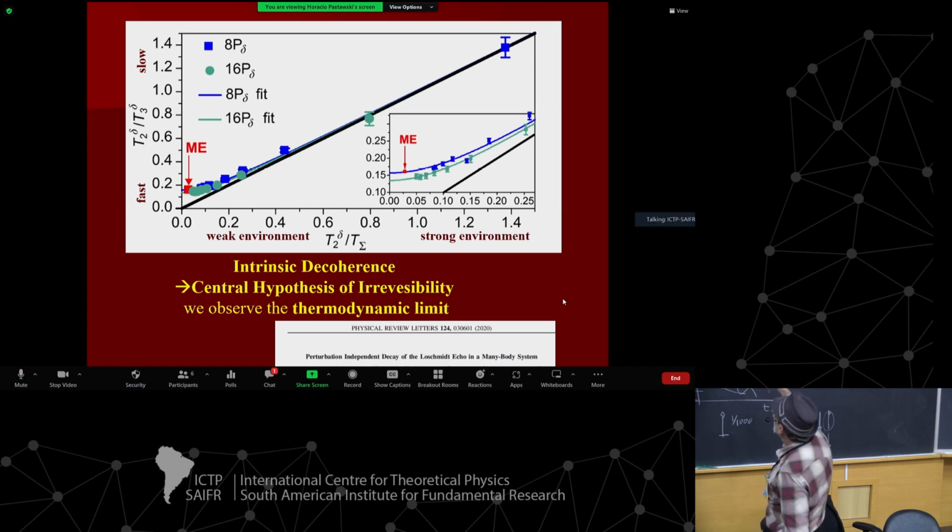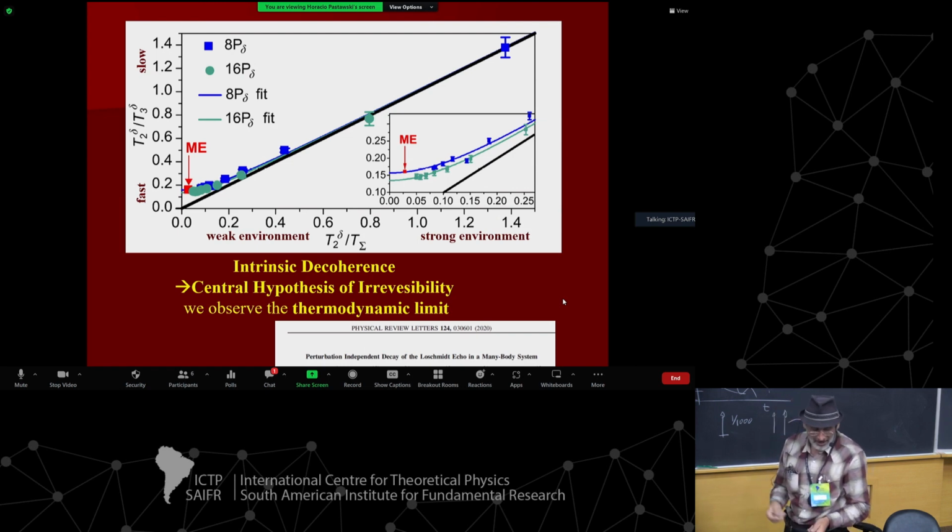And what is the value of the environment with respect to the Hamiltonian? T2 is the flip-flop term, the time scale of the Hamiltonian. Then in principle, I would expect to have a curve which is a line here and goes to 0. So 0 environment, 0 decay. 0 environment here would be 0 decay.